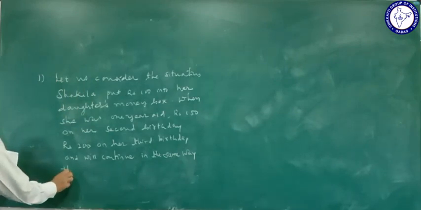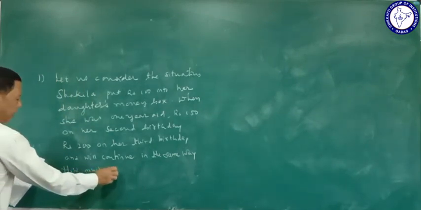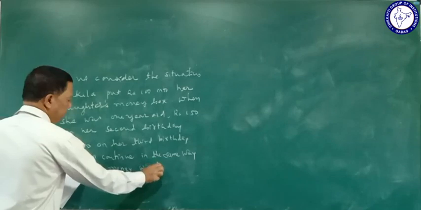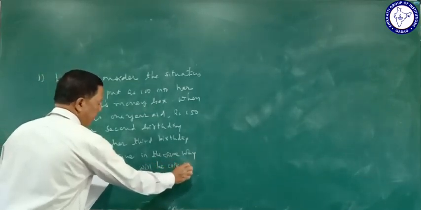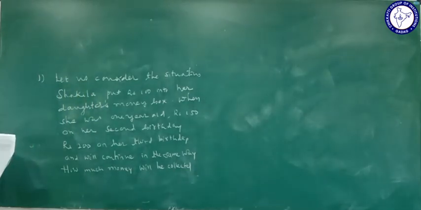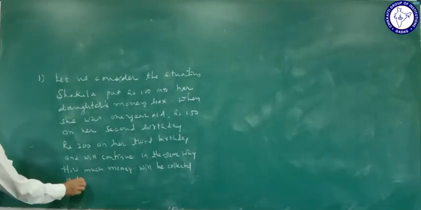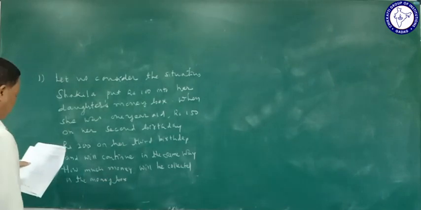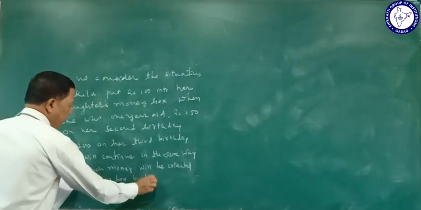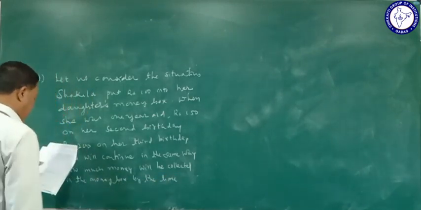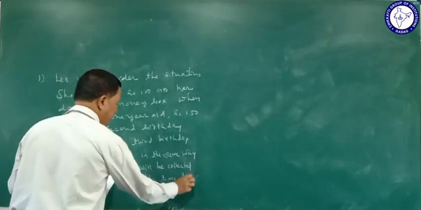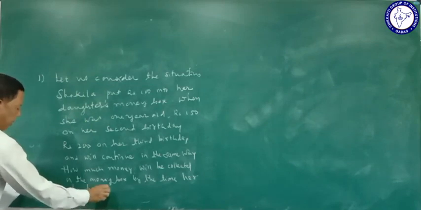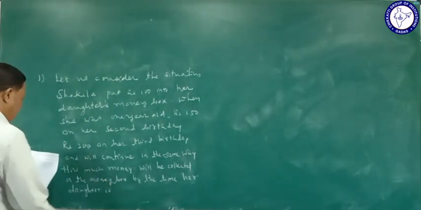The question: how much money will be collected in the money box by the time her daughter is 21 years old?